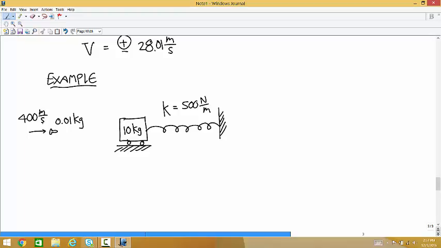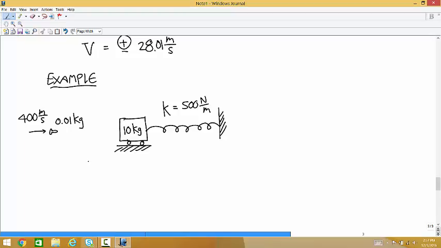So what's going to happen is the bullet's going to stick into the wooden block, and then the two of those things together are going to compress the spring. What we want to calculate is how much will the spring compress.